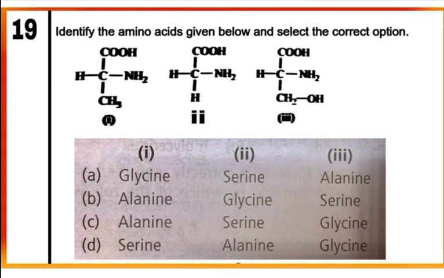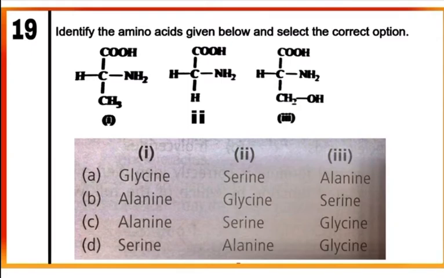Question 19. Identify the amino acids given below and select the correct option. Amino acids are organic compounds containing an amino group NH2, an acidic group COOH, hydrogen, and a variable group R. If R is methyl group or CH3, it is alanine as given in formula 1.